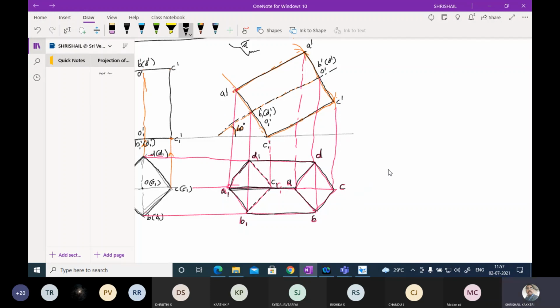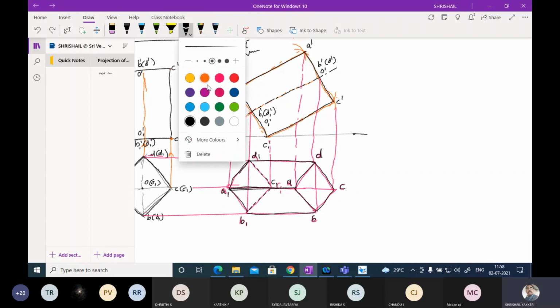Okay. Now next position is the axis appears to be inclined at an angle of 45 degree to VP.